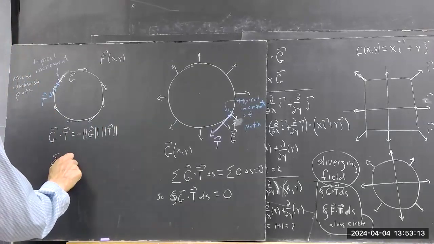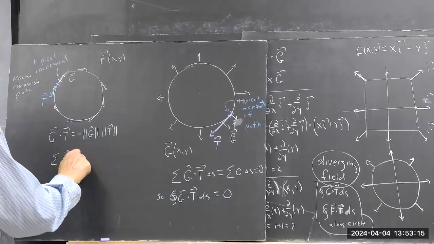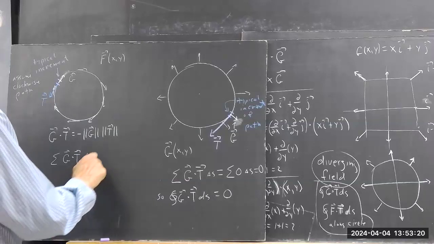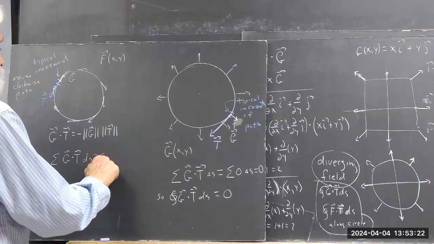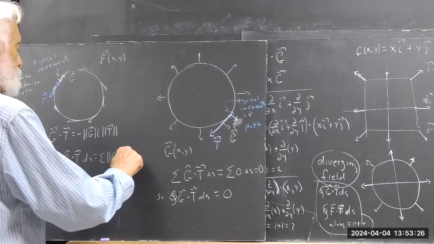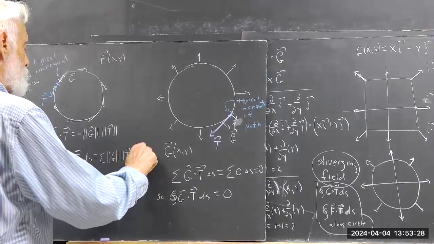So the sum of G dot T ds equals the sum of the magnitude of G times the magnitude of T ds.